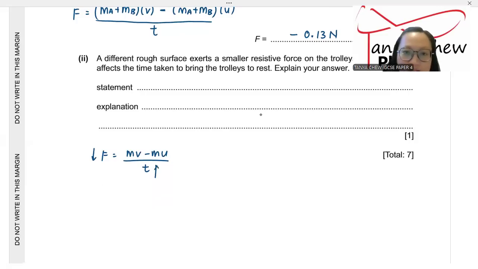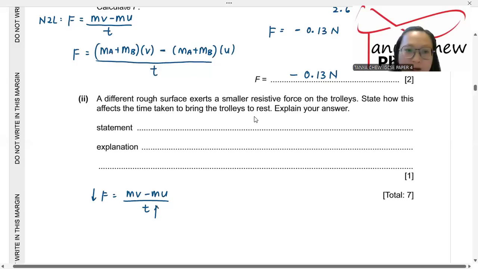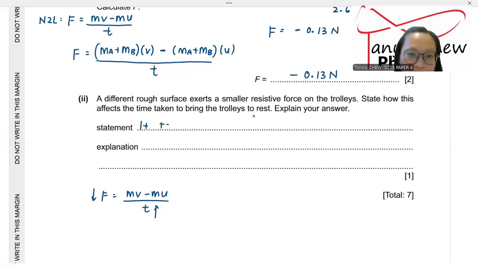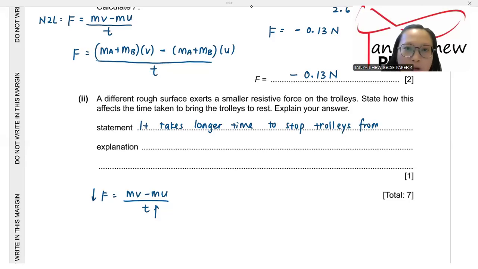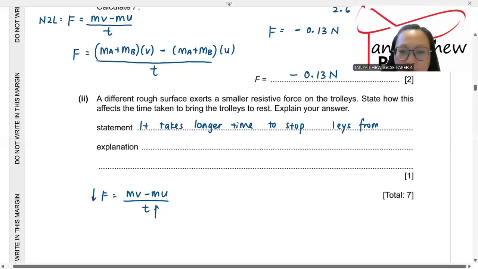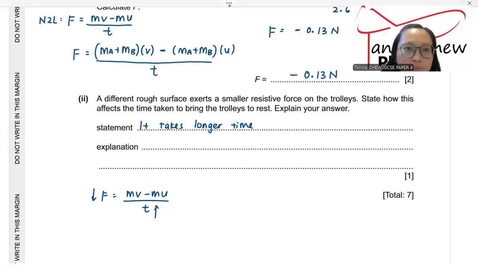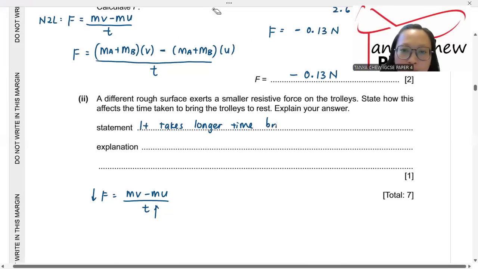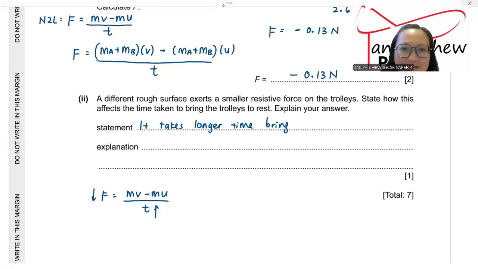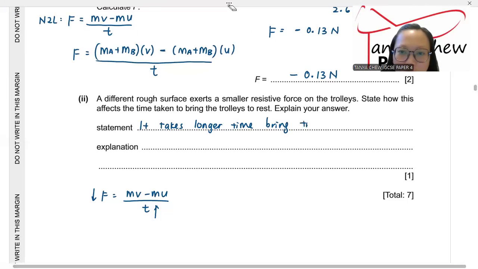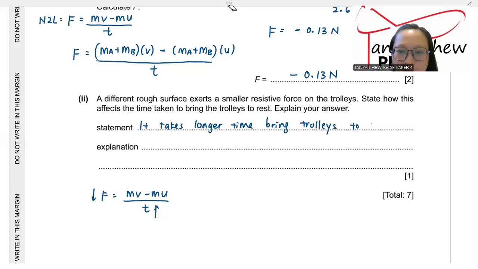So I would say that it takes longer time to bring the trolleys to rest.